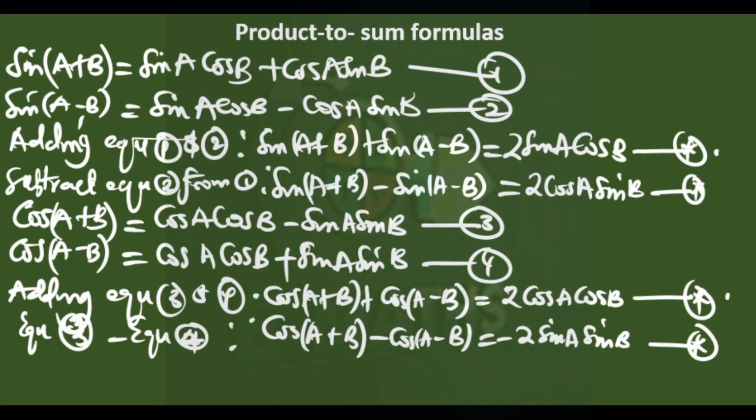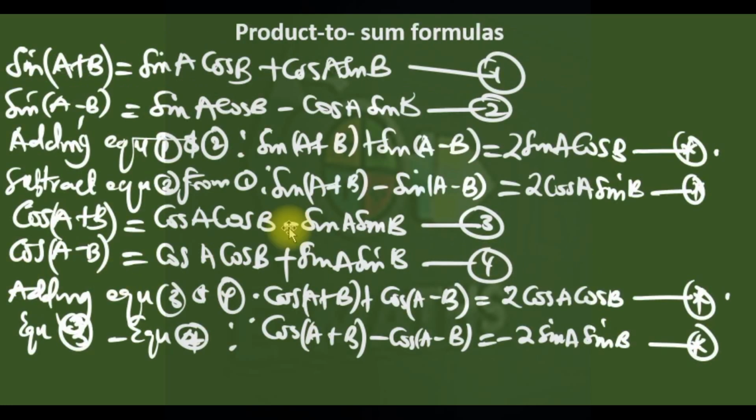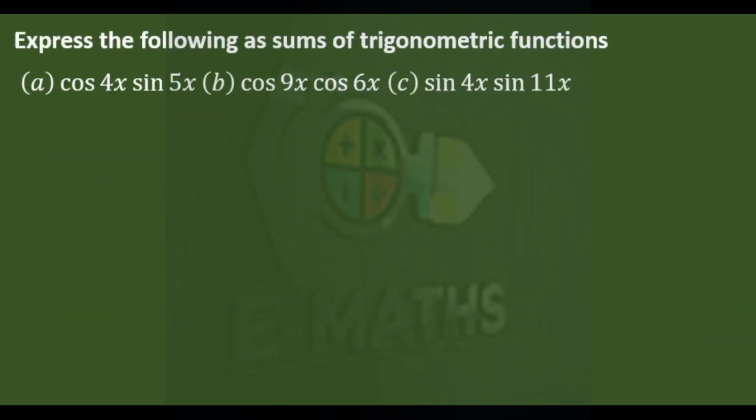Assuming we're asked to express the following as sums of trigonometric functions. So I have cos sine. Looking at the formulas, which one has cos sine? So we are using this for the first one.